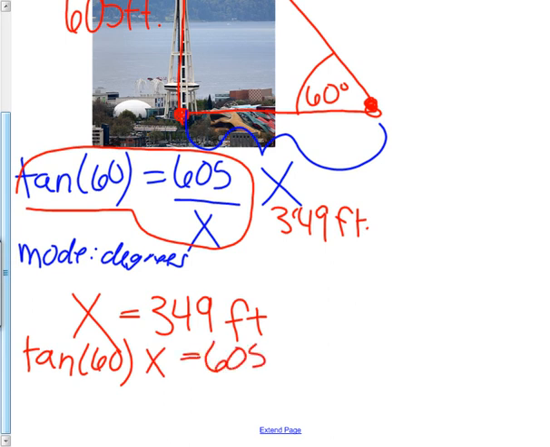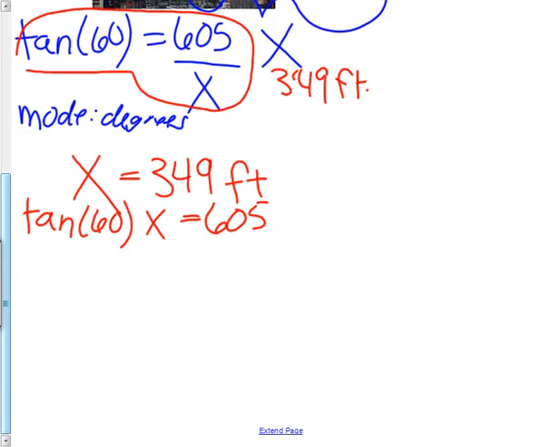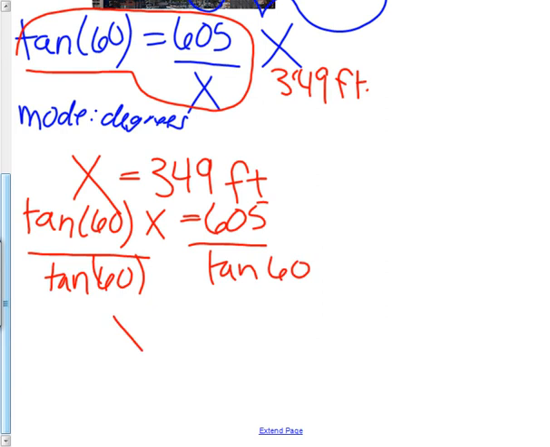That's equal to 605. Now I still have to get x alone, so how do I undo this? Divide by tangent of 60 on both sides. And then if you type that in, you should get about 349. Is that what you got? Good.